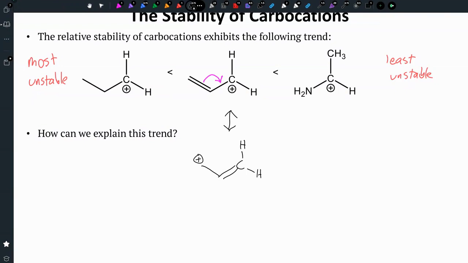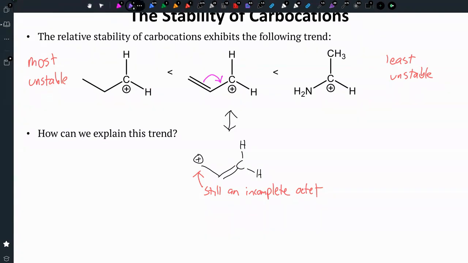In that alternate resonance structure, we still have an incomplete octet. But that burden of the incomplete octet is being shared between two atoms instead of being just stuck on one atom. So having the pi electrons next door is a stabilizing effect on the carbocation. So that explains why that center one would be more stable than the one on the left, where there's no pi electrons next door to be shared.